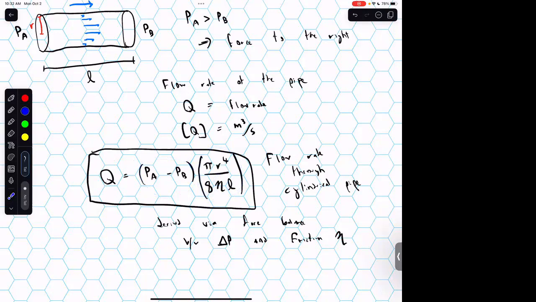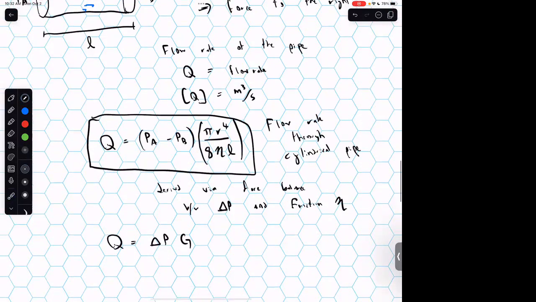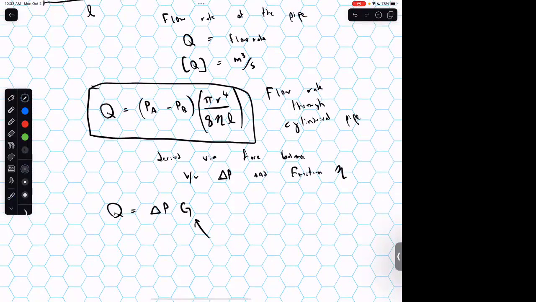I mention that because sometimes you'll see this equation written equivalently as Q equals delta P times G, where this quantity G is called the conductance of the pipe. In the specific case of a circular cross-section cylindrical pipe, G just equals pi r to the fourth over 8 eta L.